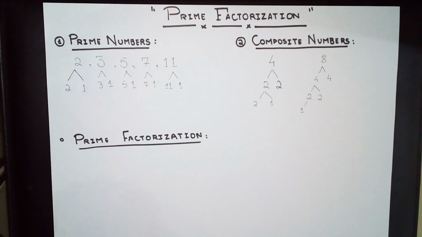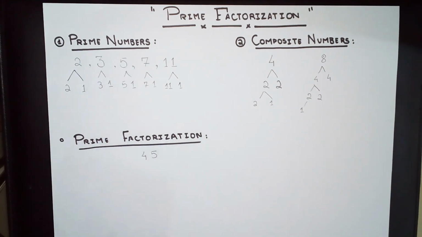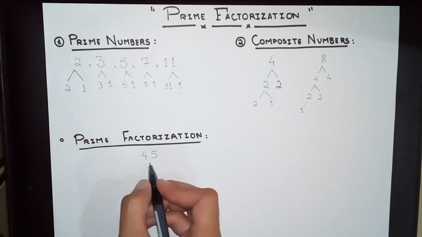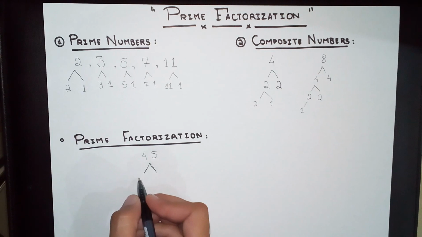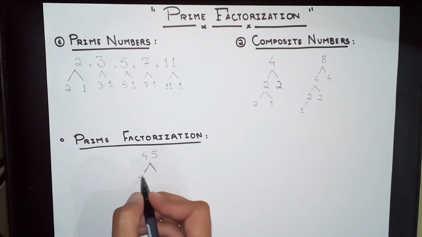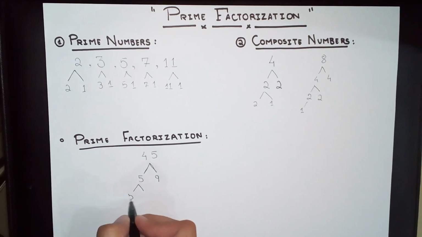Now let's actually do some problems. Now we have the number 45. We want to have it prime factorized. Okay. Now what are we going to do? We are going to take the composite number and we are going to reduce it to prime numbers. Okay. 5 times 9 equals 45. Now we can't actually reduce 5, so we are just going to write 5.